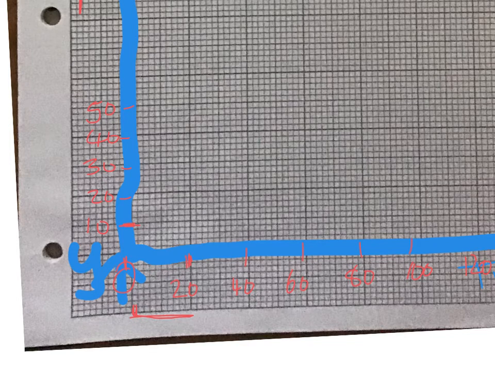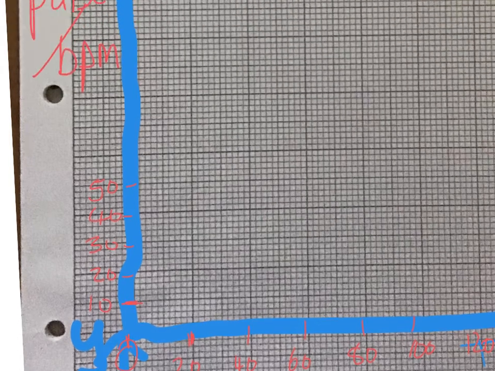There should be enough room to go up there. 60, 70, 80, 90, 100, 110, 120, 130, 140, 150, 160 and 170. We always go one above.